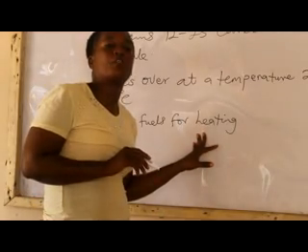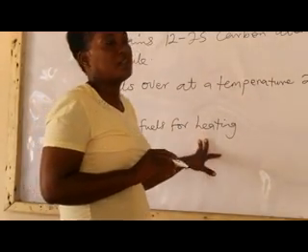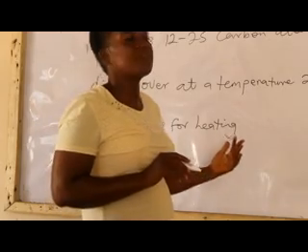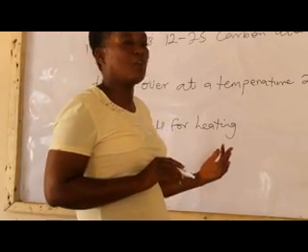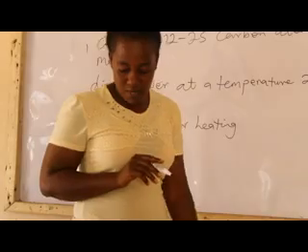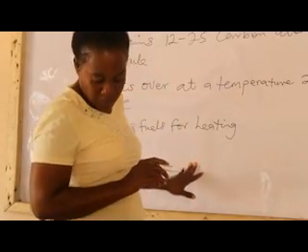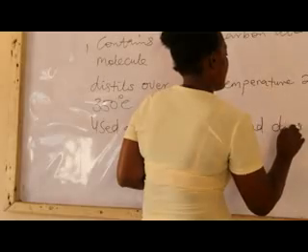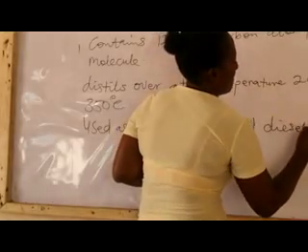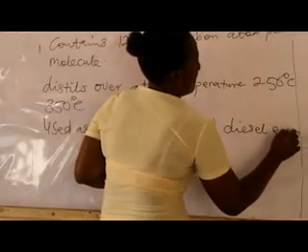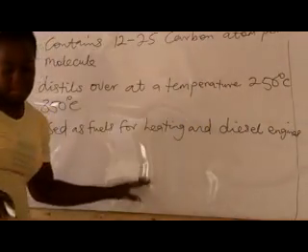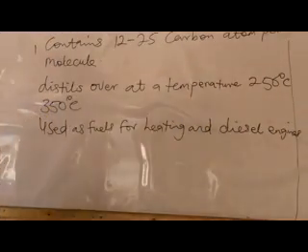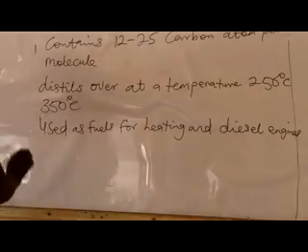All these heavy trucks and lorries, what drives their engine is diesel oil, not petrol. So they're used for heating and diesel engines, and as raw material for the cracking process.